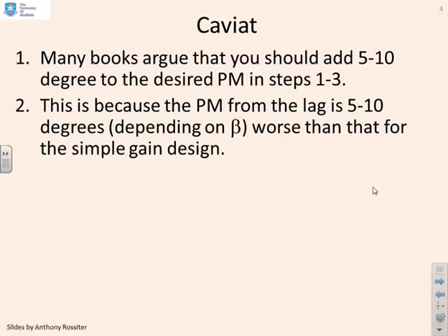Now many books will argue that you should in fact add 5 to 10 degrees to the desired phase margin in steps 1 to 3, because the phase margin from the lag is 5 to 10 degrees worse than that for the simple gain design. Okay.